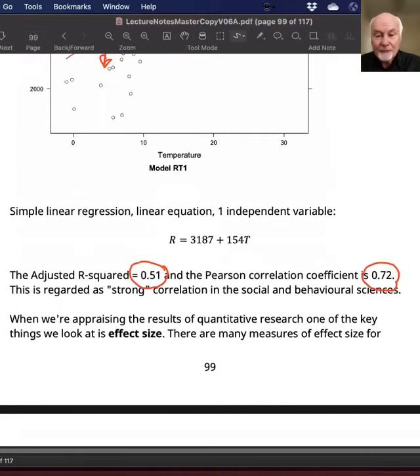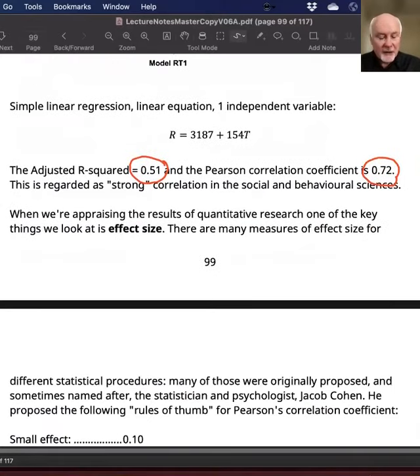So that's fine. But these two numbers, the R squared in particular, are what we call an effect size with this kind of model. When you're looking at journal articles, they will usually, not always, quote the adjusted R squared.